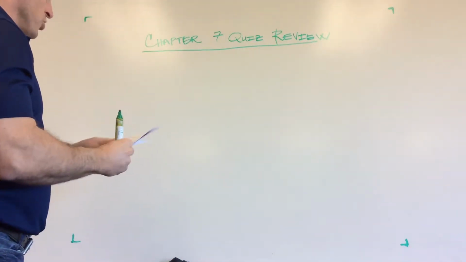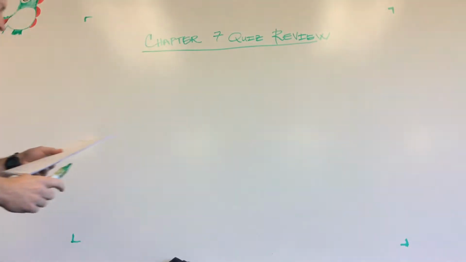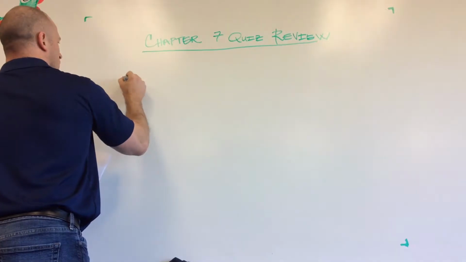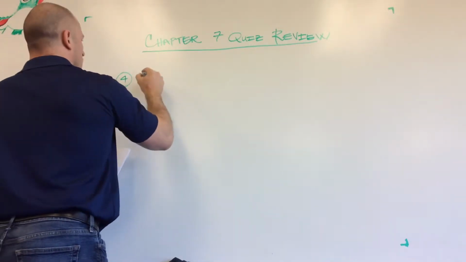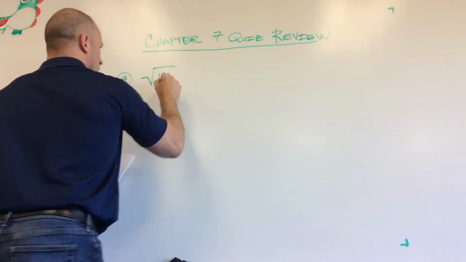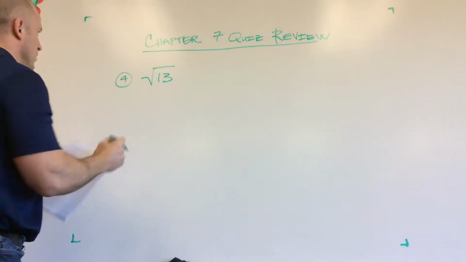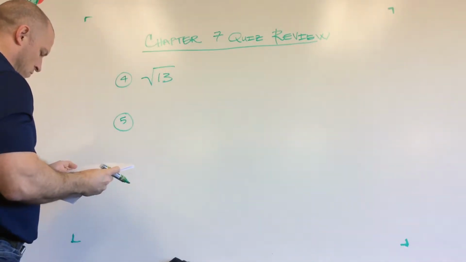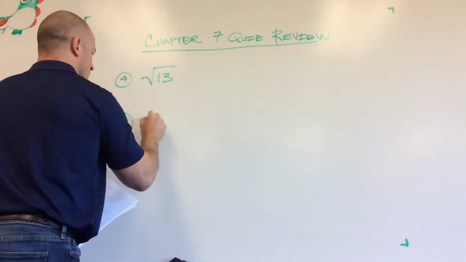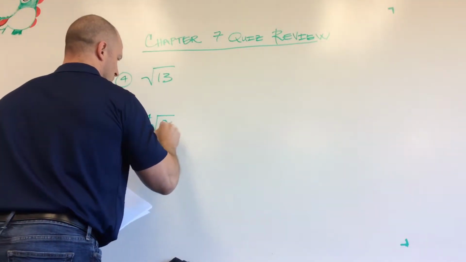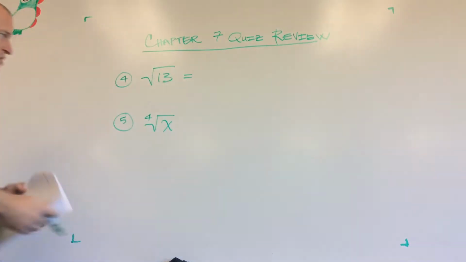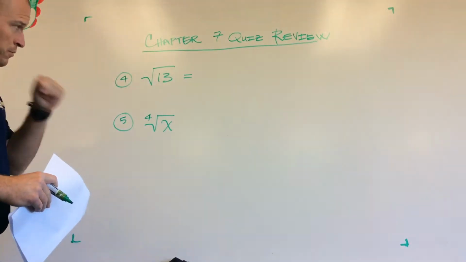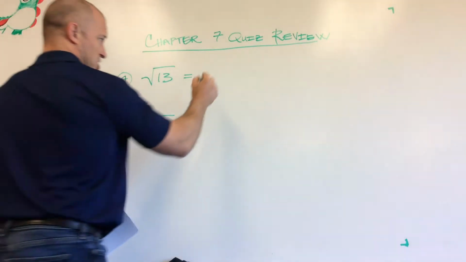Page 2 of the quiz requires us to write each radical using fractional exponents. When you have a radical, we just look at the index to determine the bottom part of the fraction.